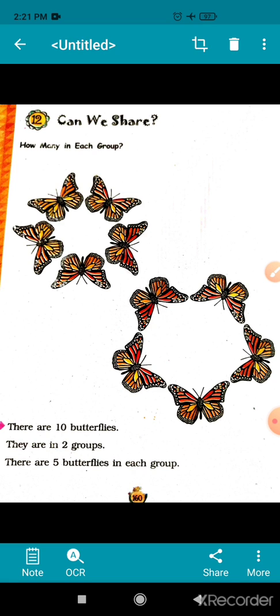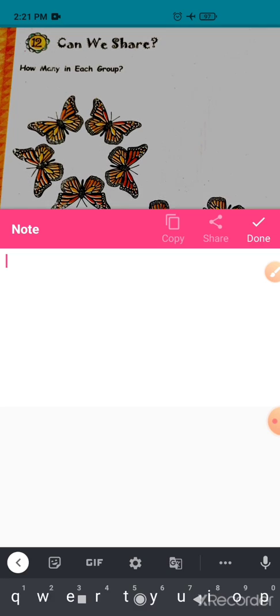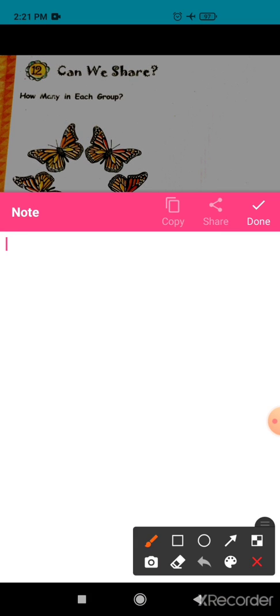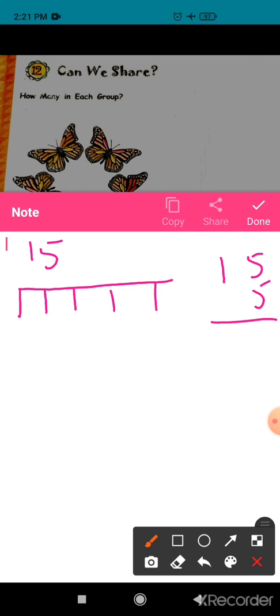Children, if I ask a question to you: you have 15 chocolates, and you want to distribute these 15 chocolates among your 5 friends. What will you do? You will take out 5 chocolates from 15 and distribute one chocolate to each of your friends, and the chocolates left are 10.